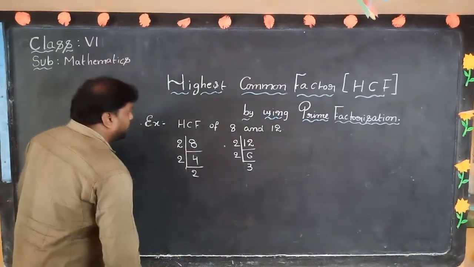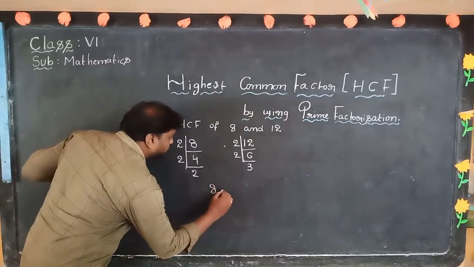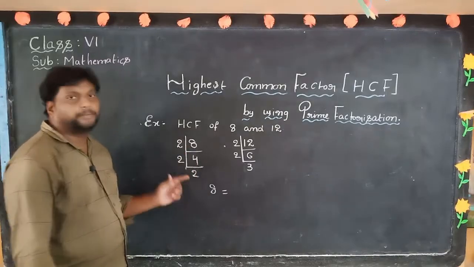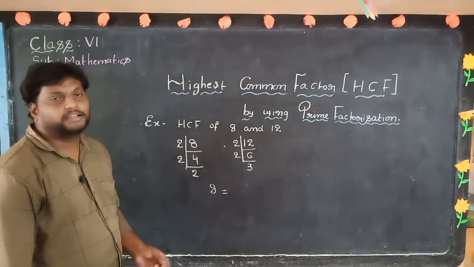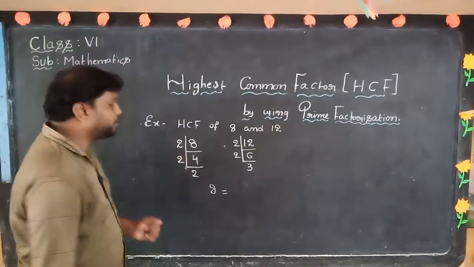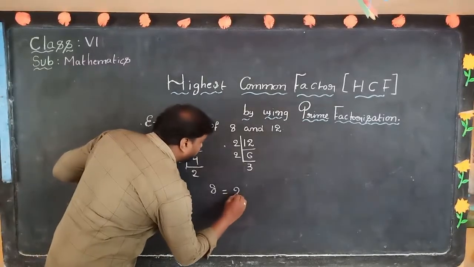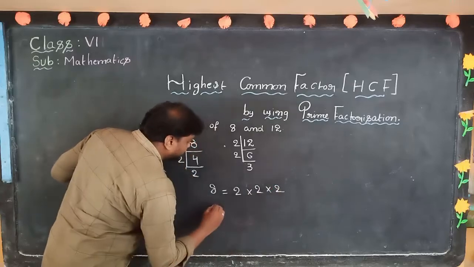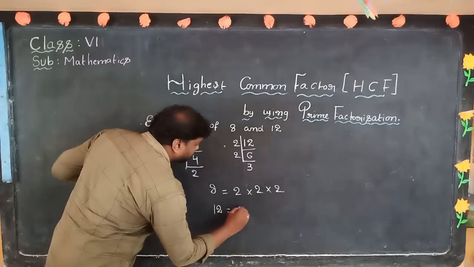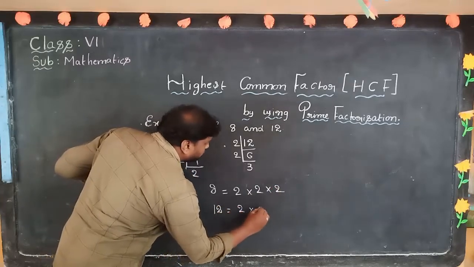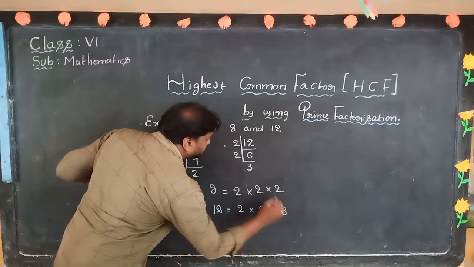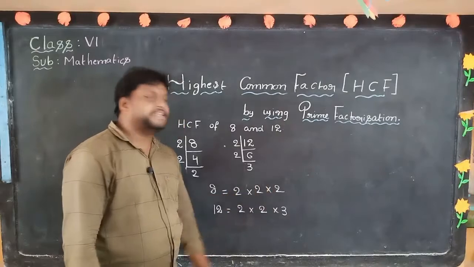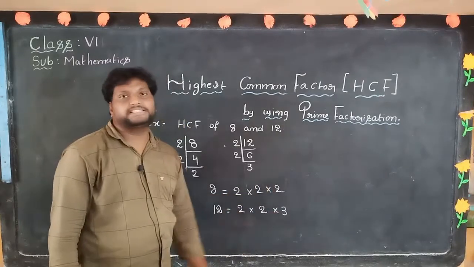Now 8 is equal to, before in the method we used factors, but here the product of prime factors. Here we use the product of prime factors, means 2 into 2. Next 12, 2 into 2 into 3. 2 into 2 into 2 is 8. 2 into 2 into 3 is 12.